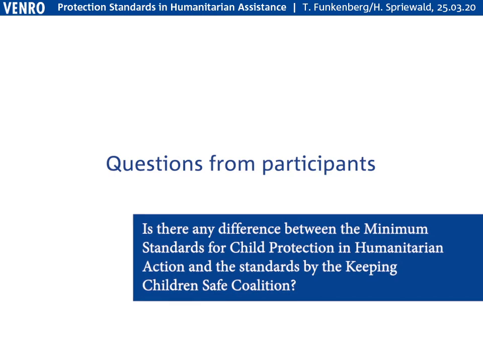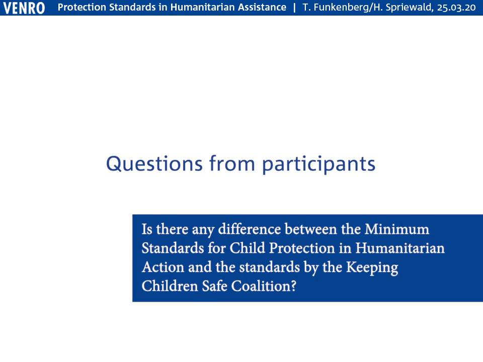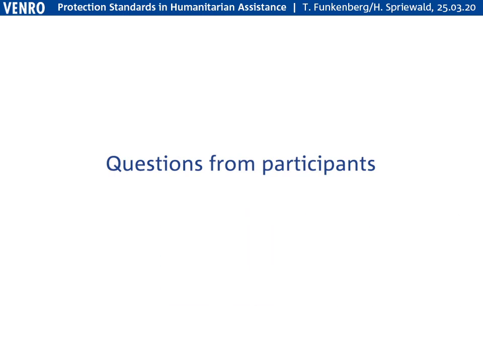Whereas Keeping Children Safe is much more looking at whether there is a perpetrator among the NGO staff, and how do I prevent any perpetrator from entering an NGO to access children. So there is a little bit of a difference. Keeping Children Safe is more at the institutional level, whereas child protection minimum standards is really looking at a much broader humanitarian setup.